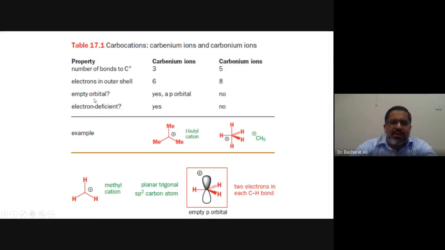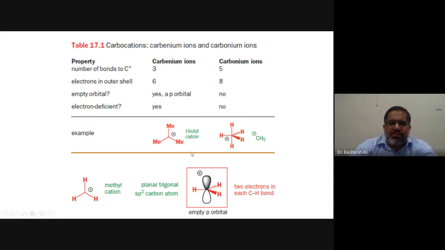In the case of carbenium ion, an empty p orbital is available, while in the case of carbonium ion, no empty orbital is available. And carbenium ion is an electron deficient species, while carbonium ion is not an electron deficient species.